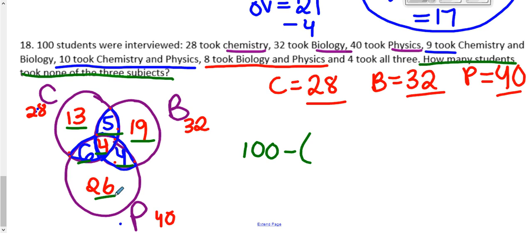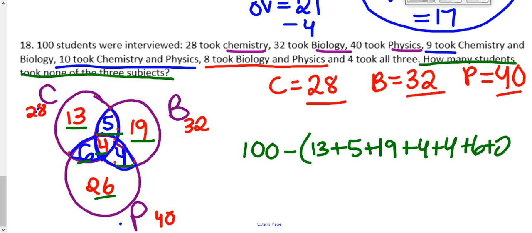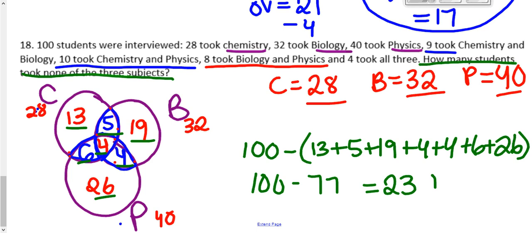So we have 100 minus 13 and 5 and 19 and 4 and 4 and 6 and 26. All of those add up to 77. 100 minus 77 is 23. Took none. And that's our final answer.